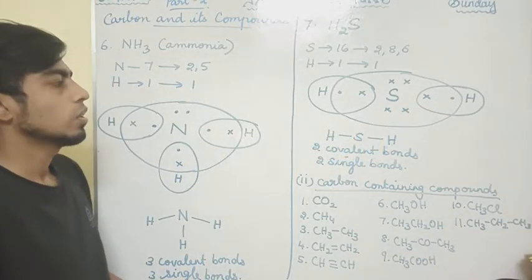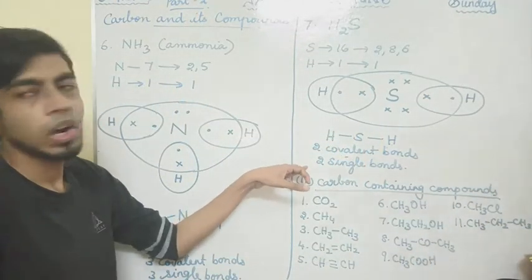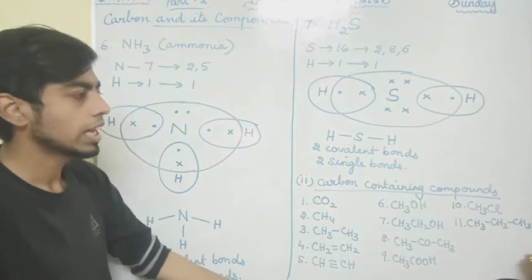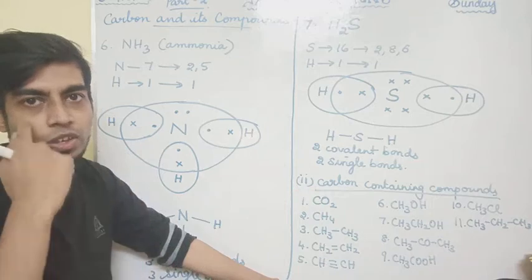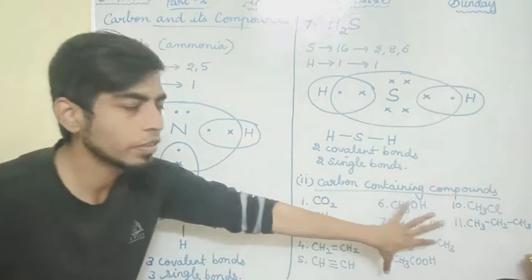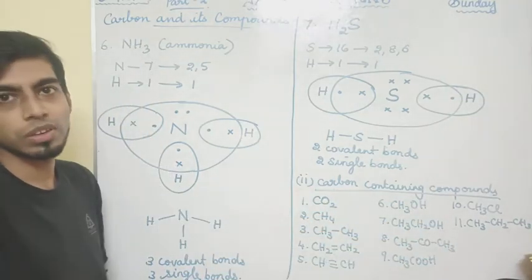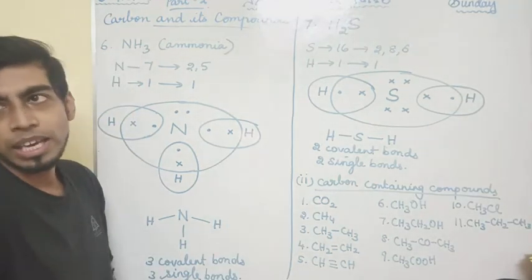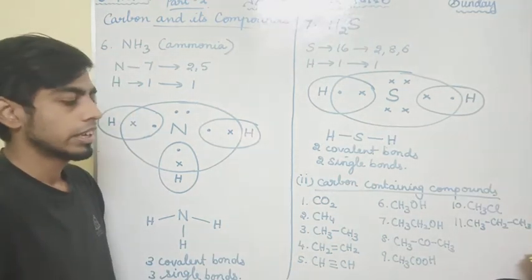Okay, so we have completed the non-carbon containing compounds electron dot structure. So carbon containing compounds electron dot structure, we have to practice for these 11 compounds. Okay, in this, among these 11 compounds, anyone can be asked in your exam.